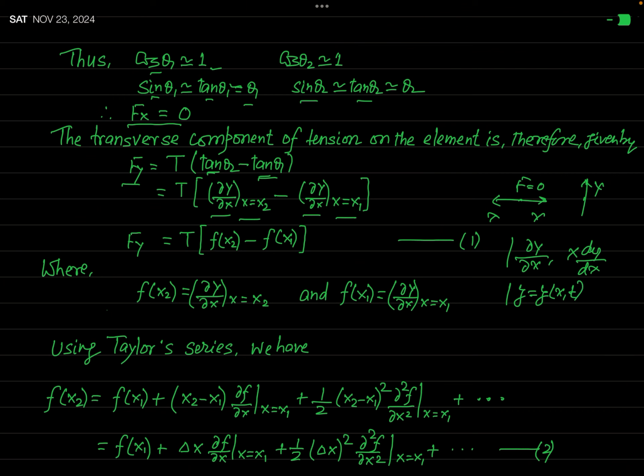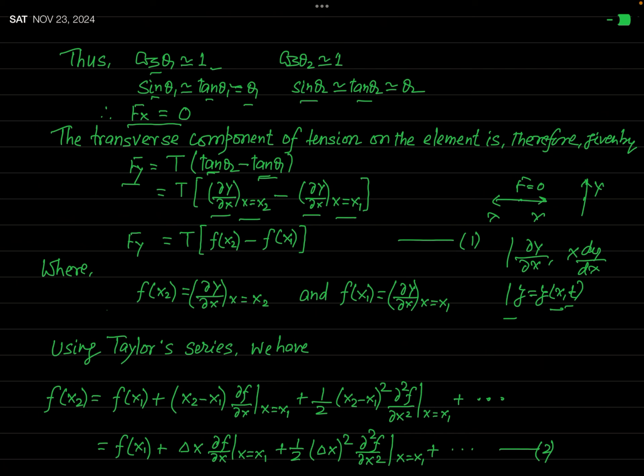So if you find its derivative with respect to x, you must perform the partial derivative, keeping t as constant. That's why instead of dy by dx here, I have written del y by del x. I think you clearly understand this point.